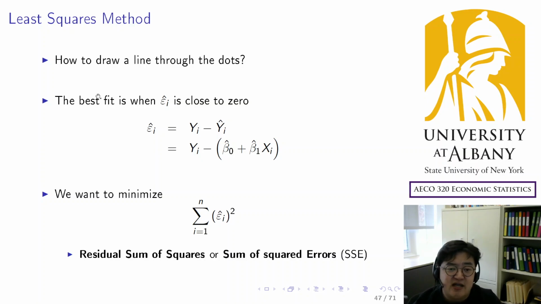And here is the description of the idea. So the residual is calculated like this. And the fitted value is based on the betas. That means if you change betas, when your calculation of betas changes, then your residuals will change too, right?